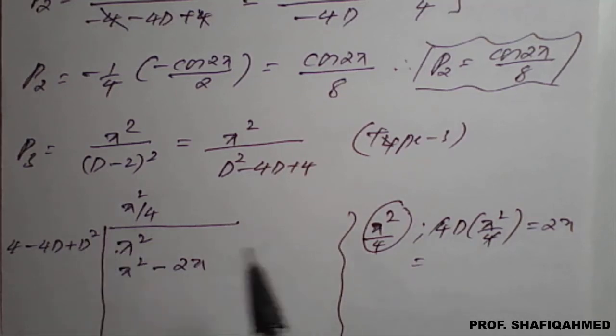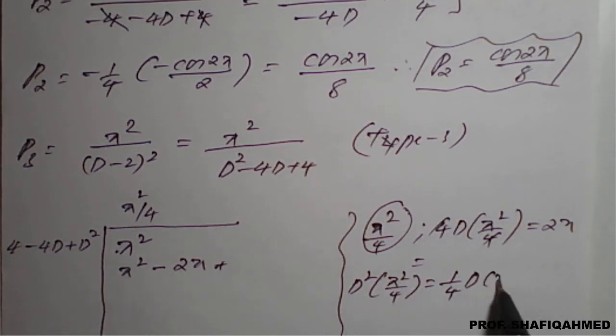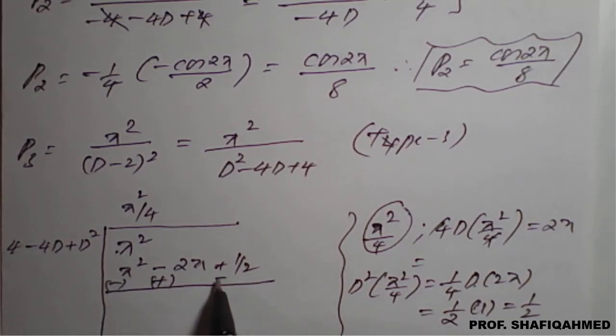Then plus into plus is plus, the double differentiation D square of x square upon 4, that is 1 by 4 as it is. One differentiation of x square is 2x, so this 2 and 4 cancel, so it will be 1 by 2 times the differentiation of x, which is 1, so therefore 1 by 2, which we write here. On simplification, the minus sign and plus sign, this cancels, so we got plus 2x and minus 1 by 2.